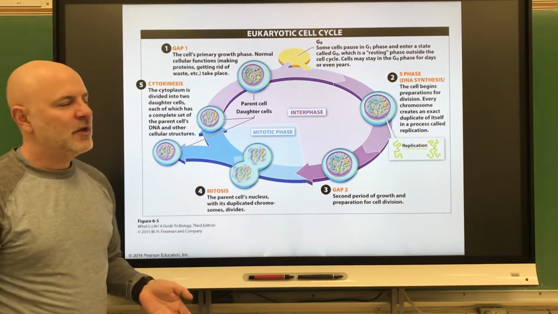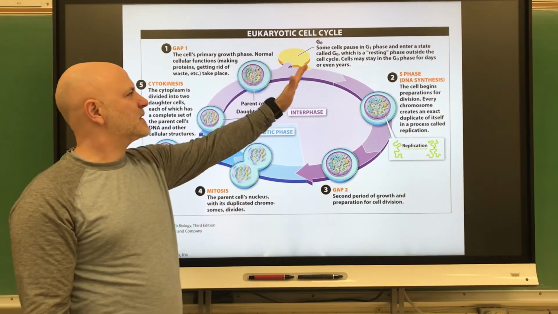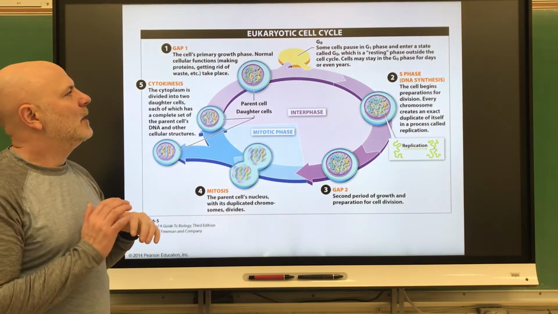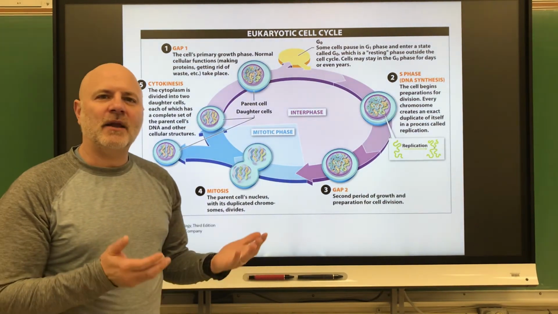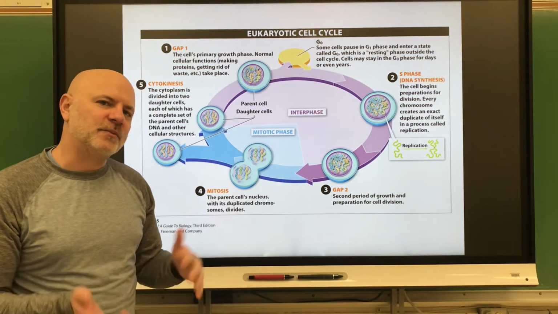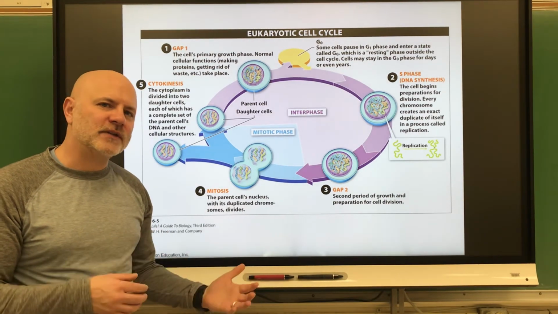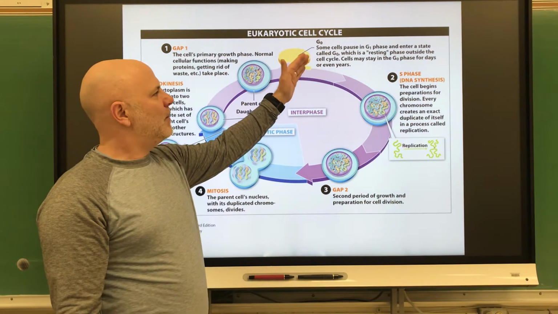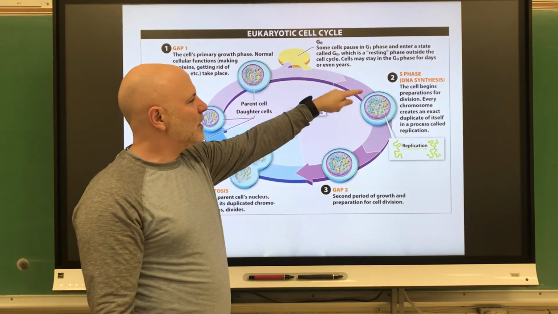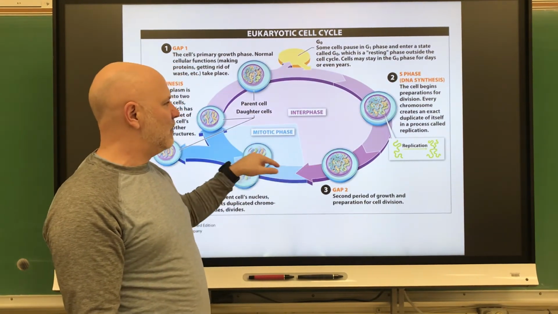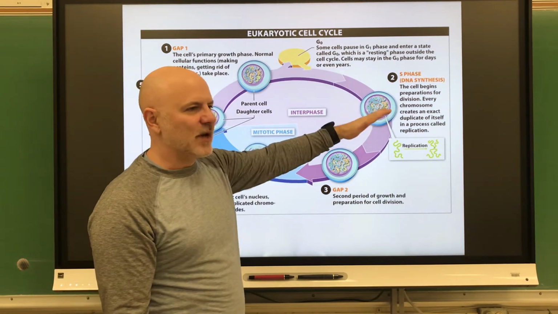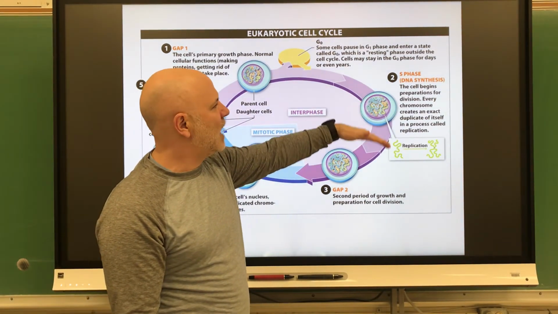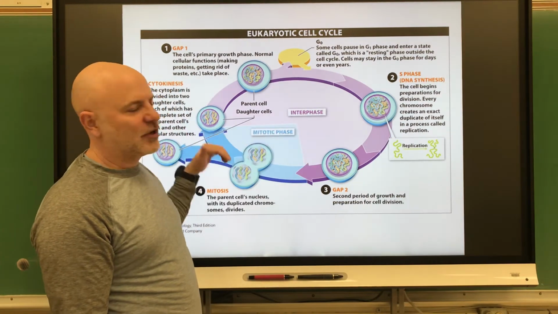Going back to why some cells stop here: most of the organs in our body are not continuing to grow. Our spleen isn't getting any larger, and our liver isn't getting any larger. Most of our cells are going to stop here because if they continue on, they're getting ready for mitosis to occur. There's no reason to double up your DNA unless you're going to divide.